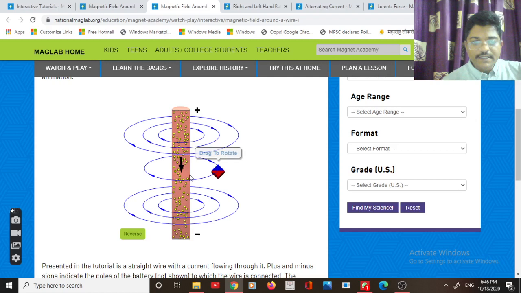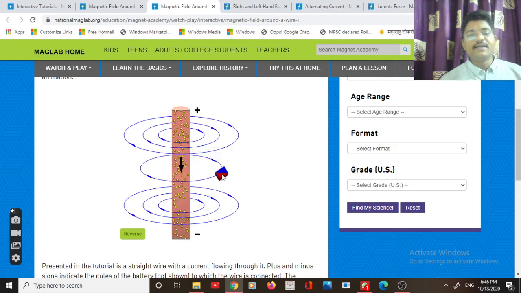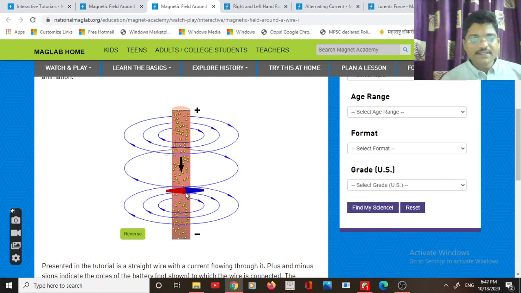Here is the compass. If I drag this compass, it will indicate the direction of that magnetic field at that point. Suppose here at this point, the magnetic field direction is in this direction, that is towards the red. As I rotate this compass, the magnetic field direction will change.